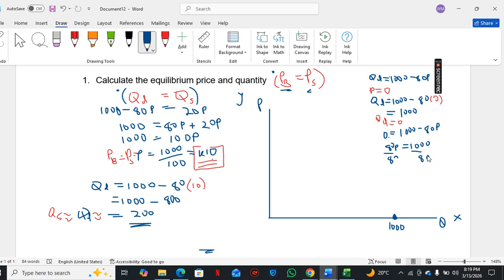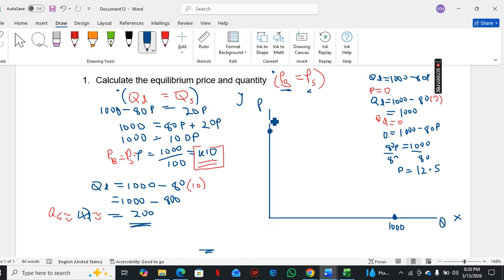What is 1000 divided by 80? 12.5. So here we are going to put on the y-axis when quantity demanded is 0.